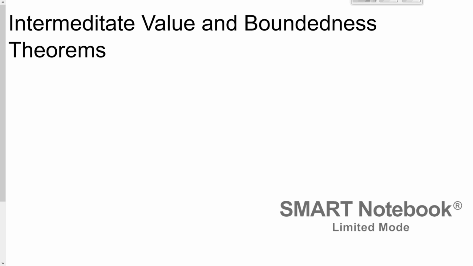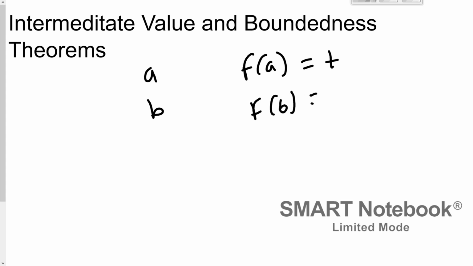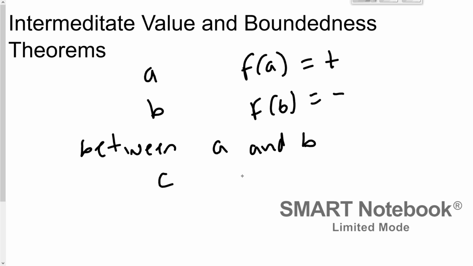The intermediate value theorem says that if you plug in a number a into your function, so you're finding f of a, and you get a positive number, and then you plug in a different number b, and you get f of b is a negative number, or vice versa, then somewhere between a and b there exists some number, say c, such that f of c, the y value of c, would be 0.